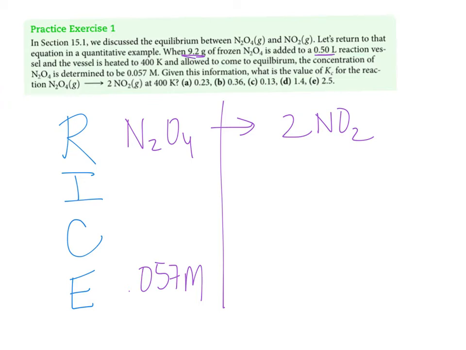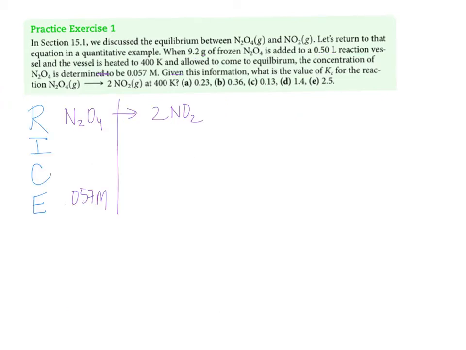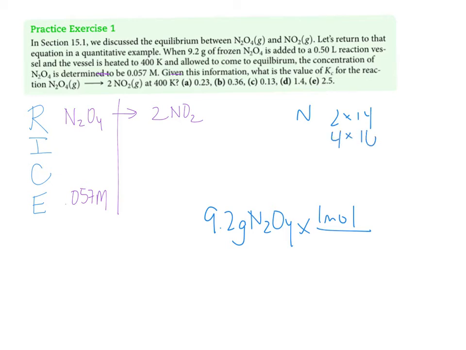I'm going to make this smaller, actually. Hold on. Okay, so we're going to just calculate our initial concentration. We have 9.2 grams of N2O4. We need to figure out how many moles that is. So 1 mole of N2O4, 2 times 14 for N, and 4 times 16 for O. So that's 28 plus 32, 60... 92.